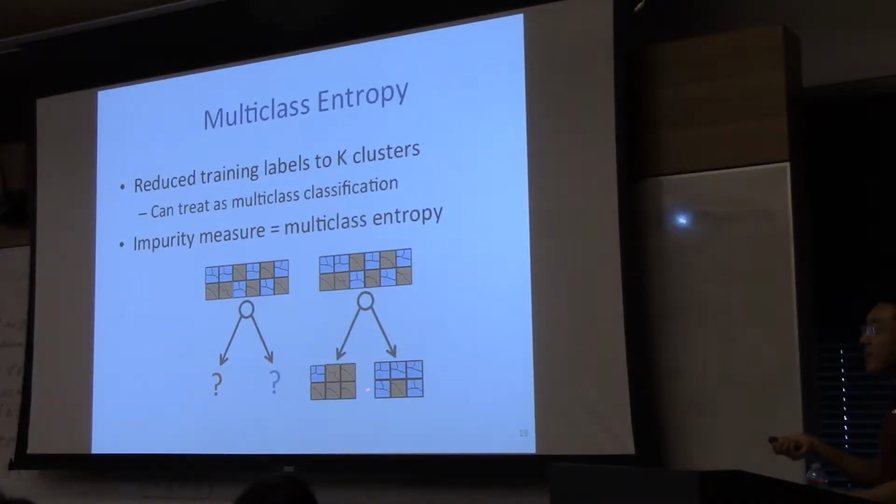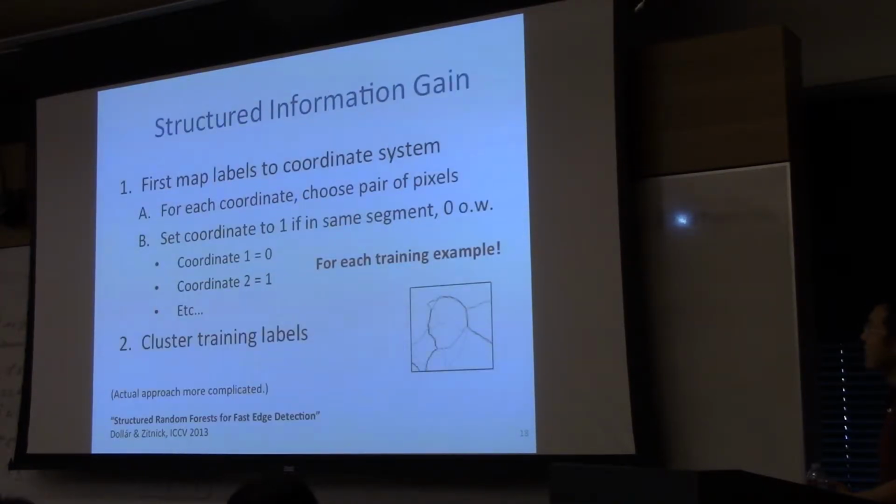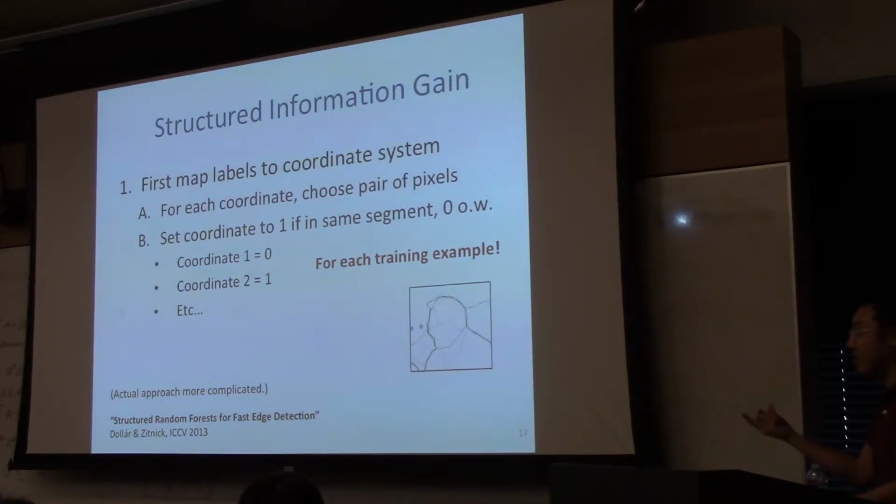In order to assign these image patches to clusters, I need a coordinate system. The coordinates are basically you compare pairs of pixels, and then you assign a value to that coordinate depending on the comparison of that pair of pixels. The intuition is that related image patches that look similar will have similar coordinates.